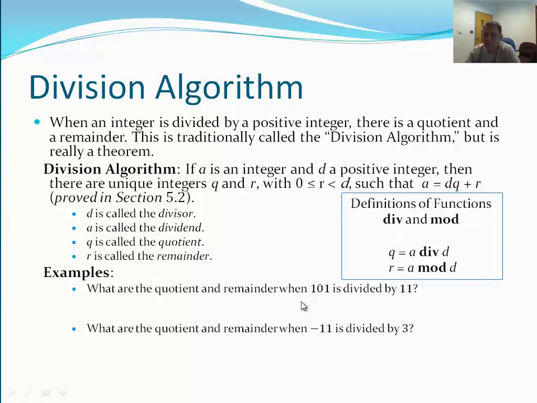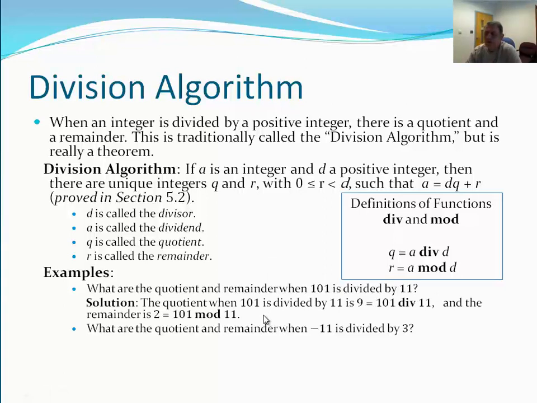Here are some examples. What are the quotient and remainder when 101 is divided by 11? If 101 is divided by 11, the quotient is 9. What's the remainder? 2. 9 times 11 is 99. The remainder is 2 because 99 plus 2 is equal to 101.